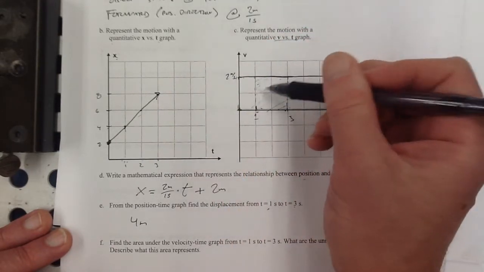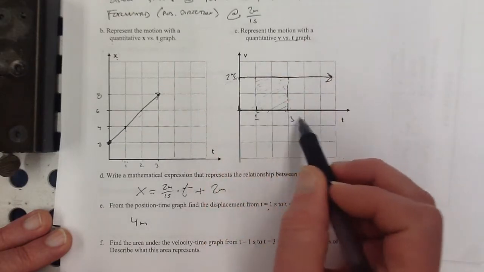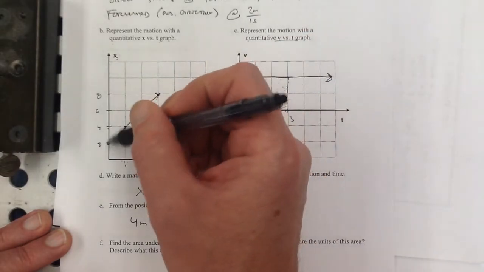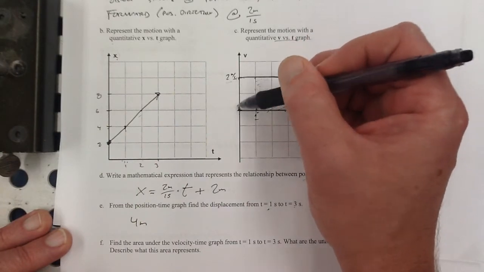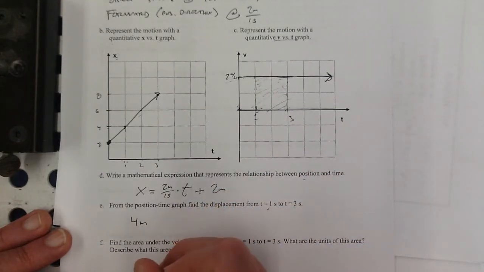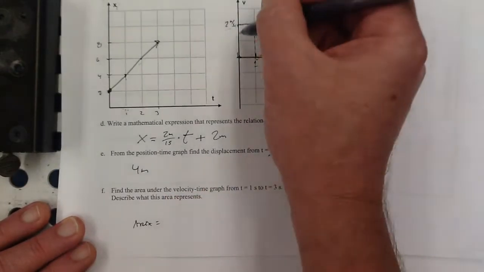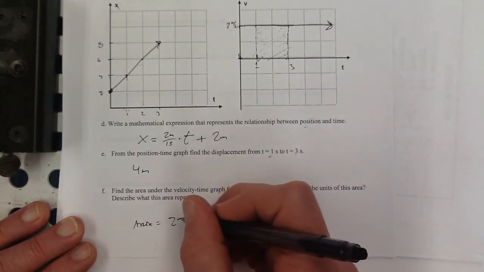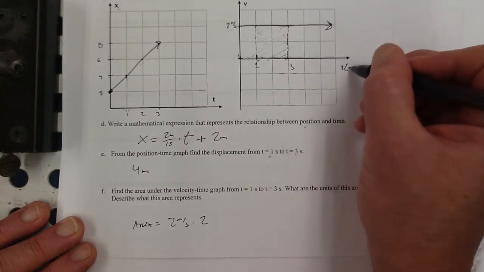Just have to, if you're looking at it going, yeah, obviously, but you just have to be careful and remember how you scaled things, right? It's possible that it could be scaled by something different than 1s. So 2 by 2, that area is 2 meters per second high times 2 seconds.